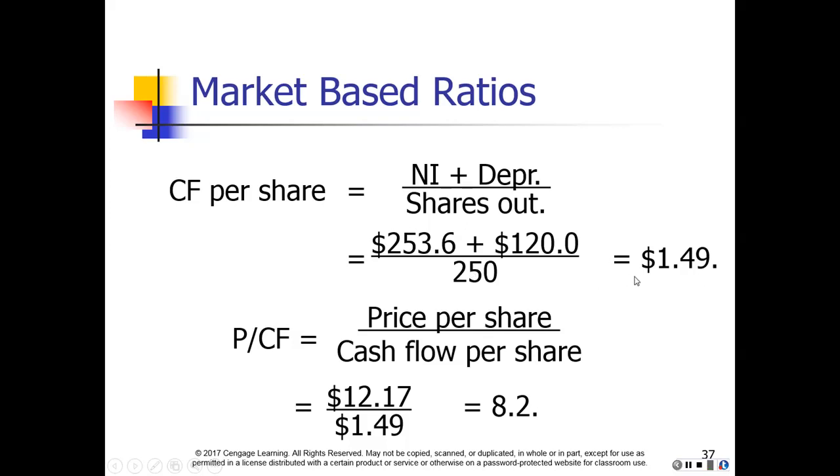That's cash flow per share. Then we take the price per share of 12.17, divided by this cash flow per share, 1.49, and we get 8.2. 8.2 is the price over cash flow ratio.